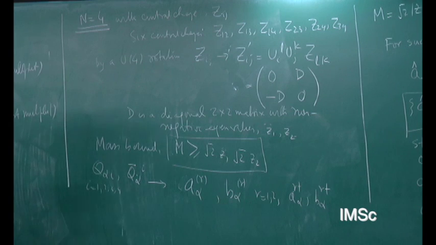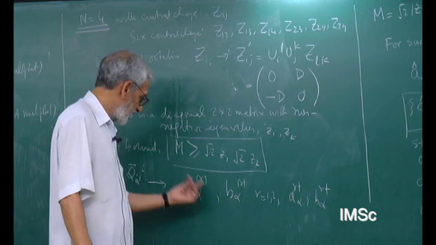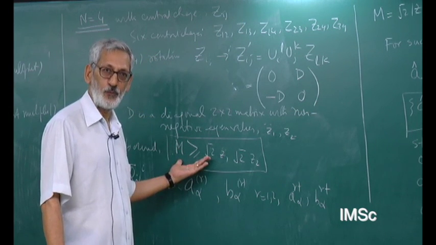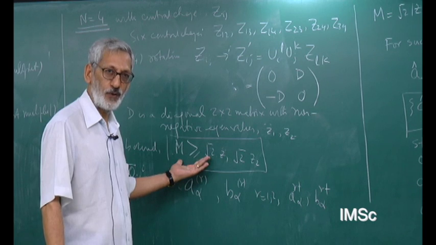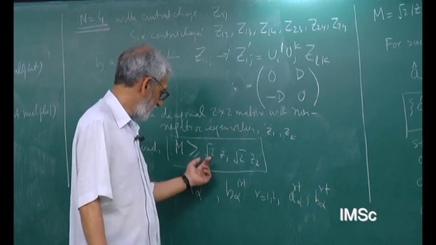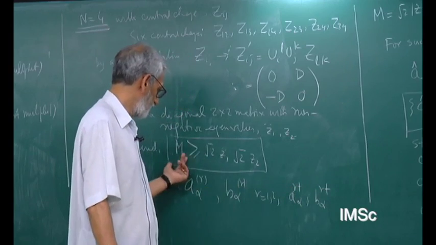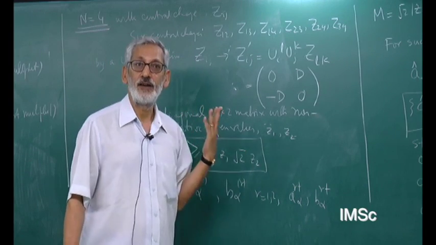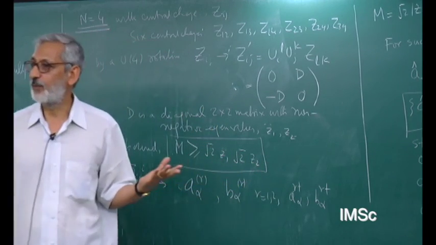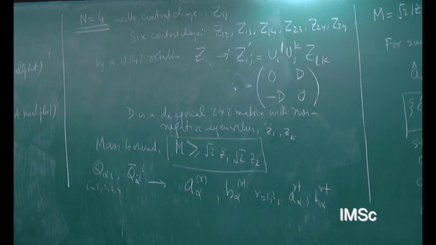The A algebra will have this plus this on the right hand side, like we had for N equal to 2, and the B algebra will have this minus this, for R equal to 1 and for R equal to 2. So this bound will emerge from the same kind of an argument.